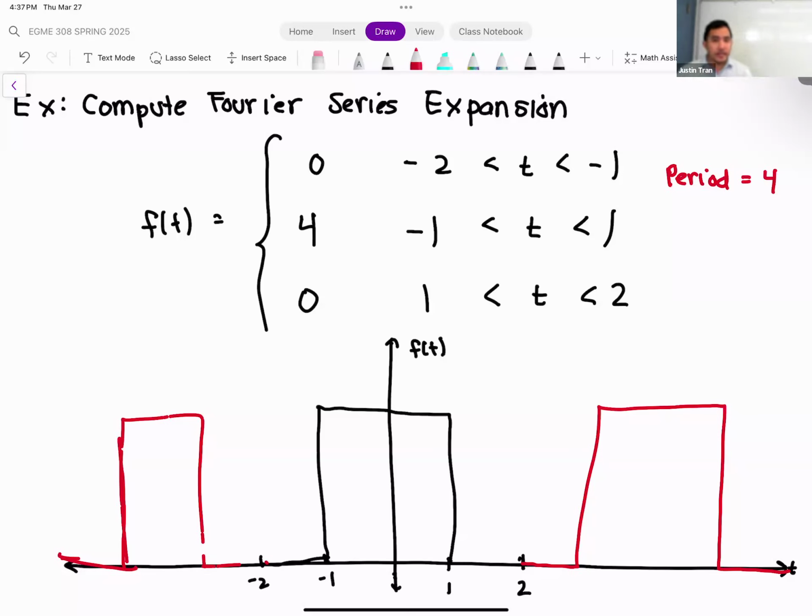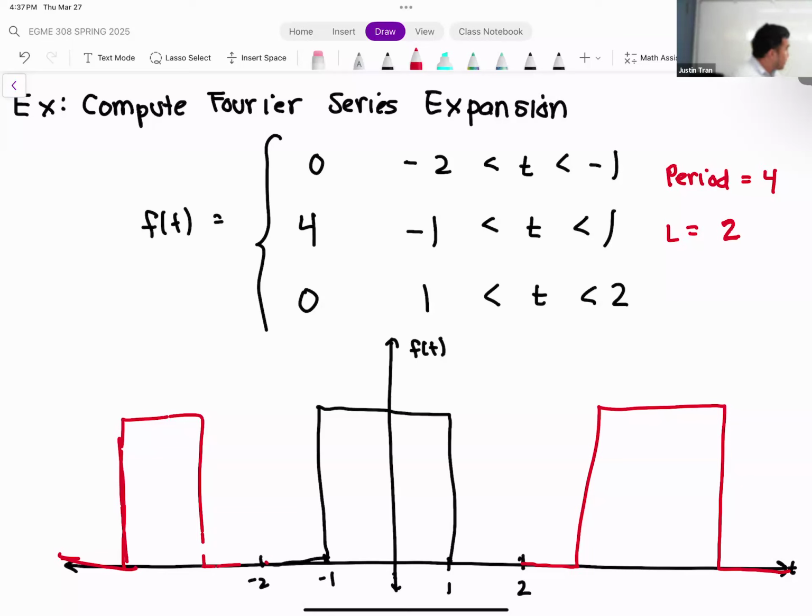It takes a time value of 4 in order for this function to repeat, going from -2 to 2. And so that means our value for L, which is our half period, is going to be the period divided by 2, which is 2. And we're going to compute all 3 of the coefficients, so A0, AN, and BN.